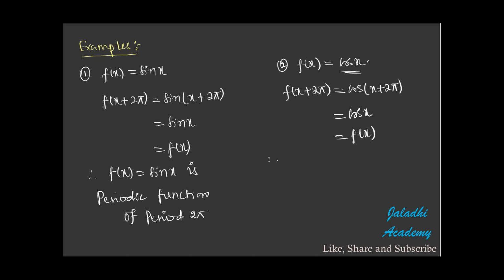Therefore f of x is a periodic function of period 2 pi. If the function is periodic, then only we can express it as a Fourier series expansion.